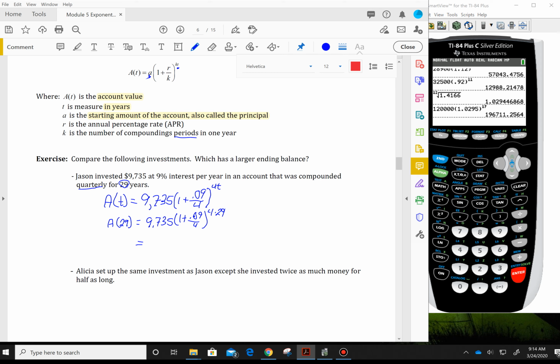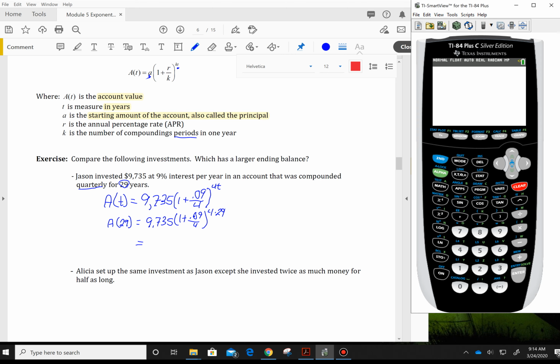Now, a lot of people are tempted to put this in the calculator in pieces, but this introduces rounding errors. So I'd like to encourage you to put this in your calculator all at one time, using parentheses.